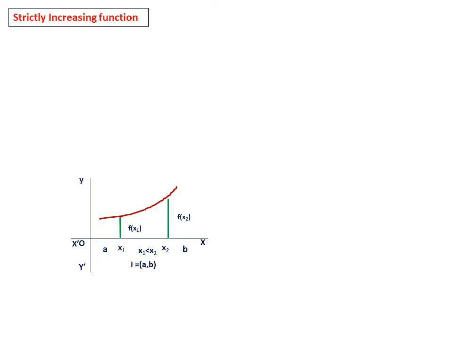Now you can see here that f of x1 is strictly less than f of x2. In such cases, we call it a strictly increasing function. If equality is there, it is simply increasing. If equality is not there, it is a strictly increasing function.